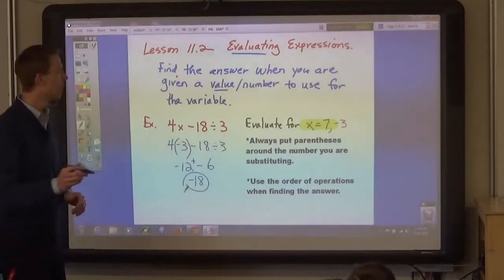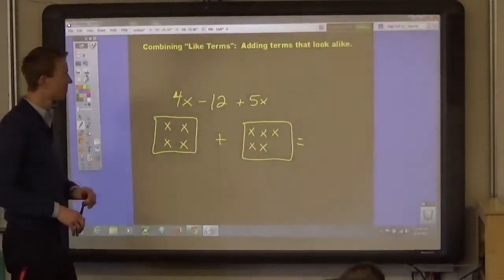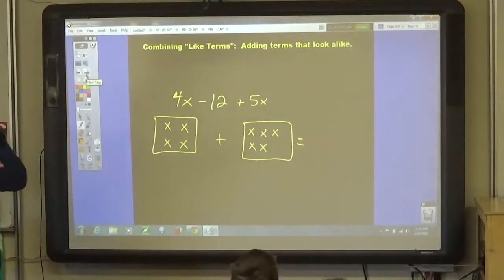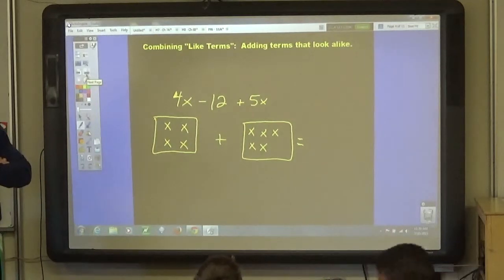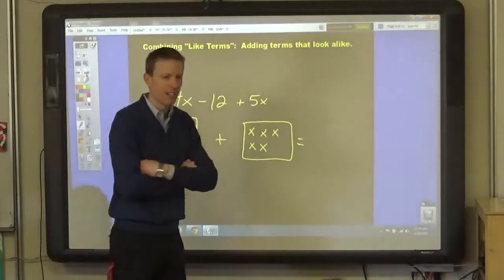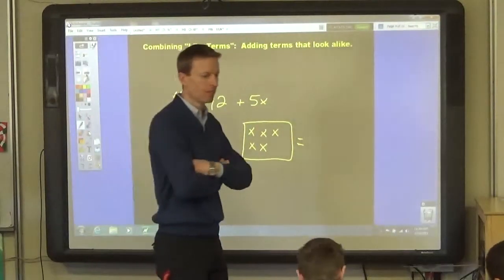Okay? Now, there's another concept that you're going to encounter in this lesson. And the concept is combining like terms. Write down these notes. Oh, thanks, Gray. Combining like terms.